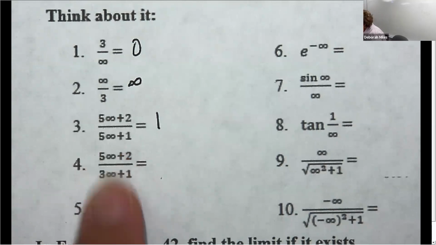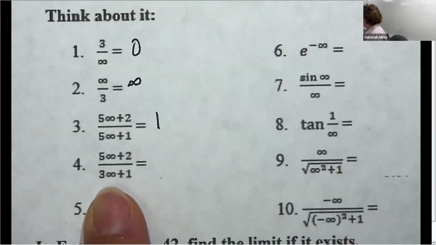Number 4, what about 5 bazillion and 2 divided by 3 bazillion and 1?